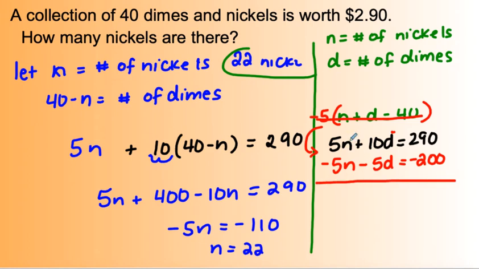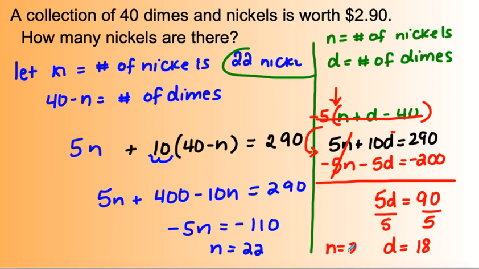The reason I multiplied the top equation by -5 is I wanted this variable to have the same coefficient but opposite signs, so that when I add them, the opposites go to 0. So these get eliminated, and I get 5d equals 90, divide by 5, and so d equals, what is that, 18? And so if d equals 18, then n would have to equal 22.